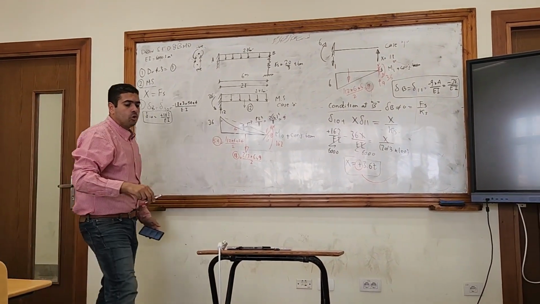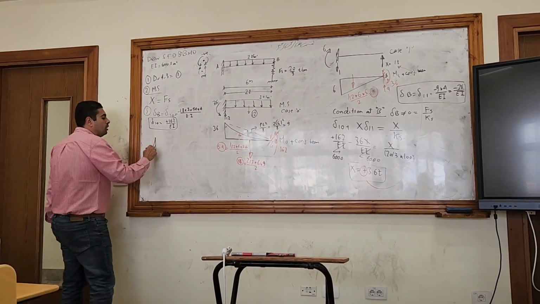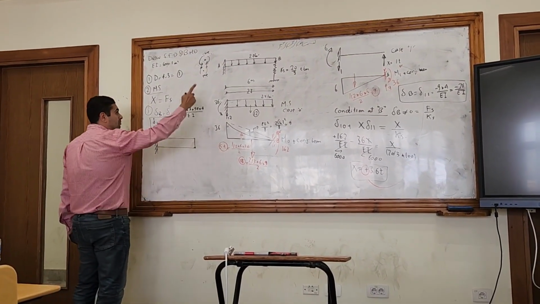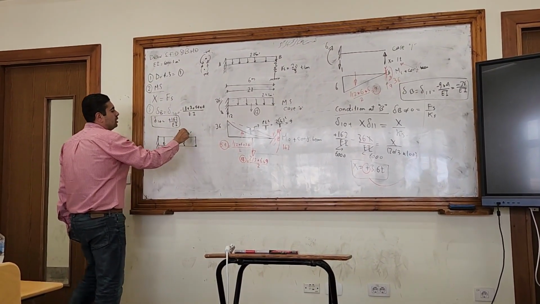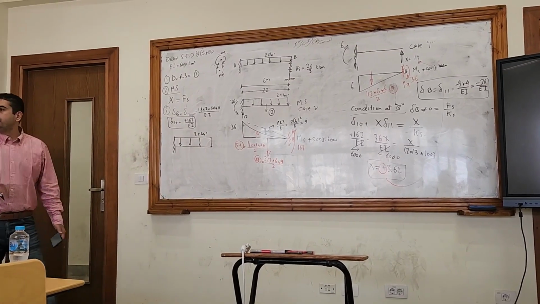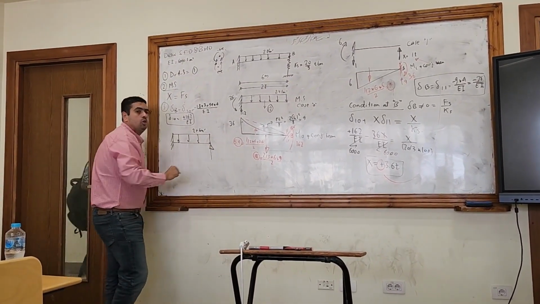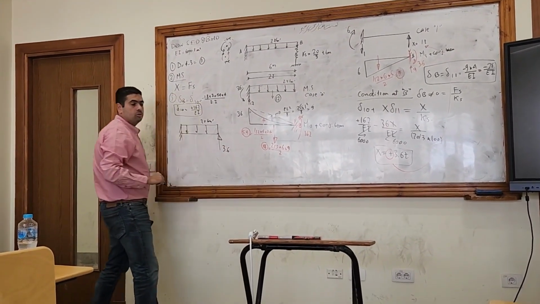Now I can draw the shear and the bending moment. I redraw my beam one more time. The main beam with the uniform distributed load with the intensity of 2 tons per meter. And the reaction here is now known, it's not redundant. It's 3.6 upwards.